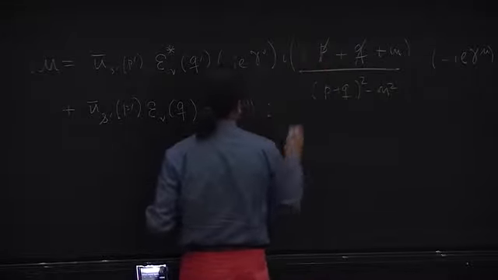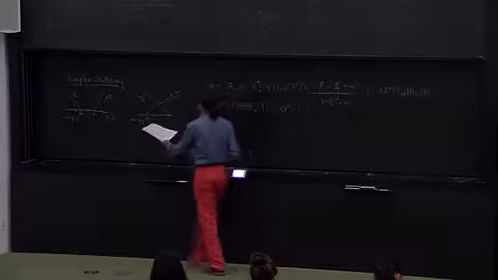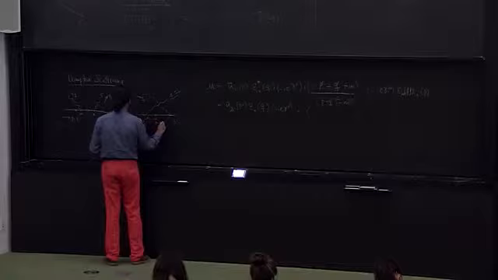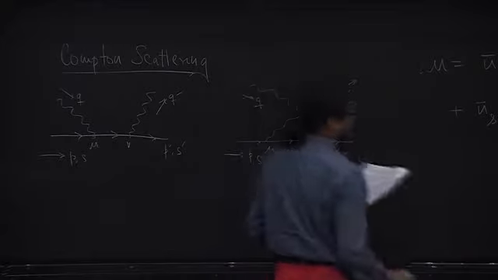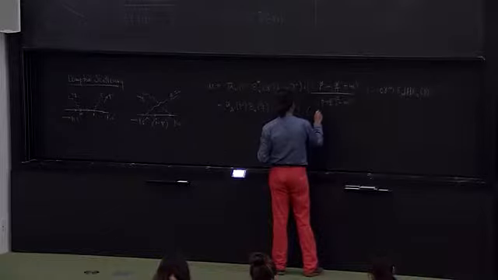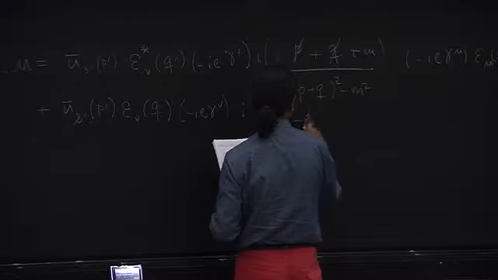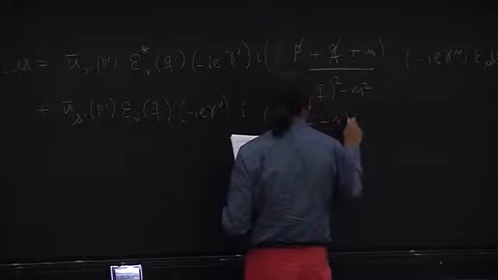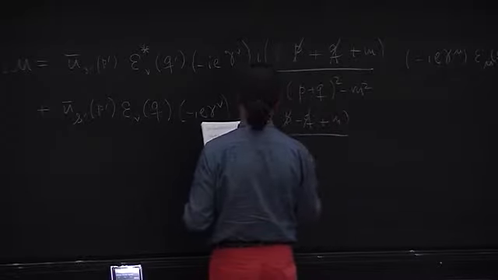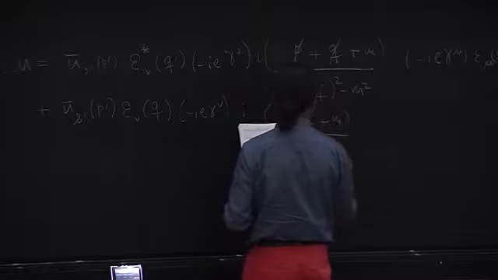See that the momentum in this case is p minus q prime. So this gives p minus q prime slashed, over p minus q prime whole squared minus m squared.